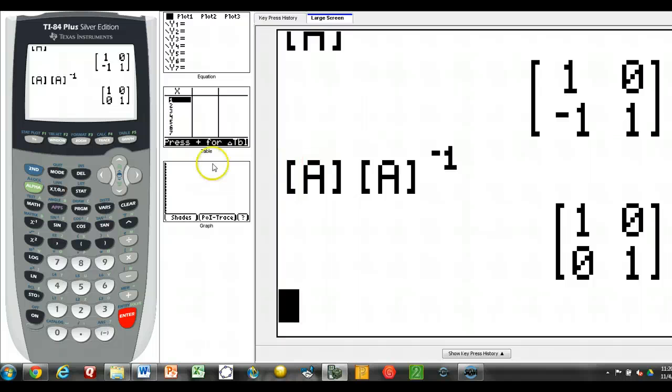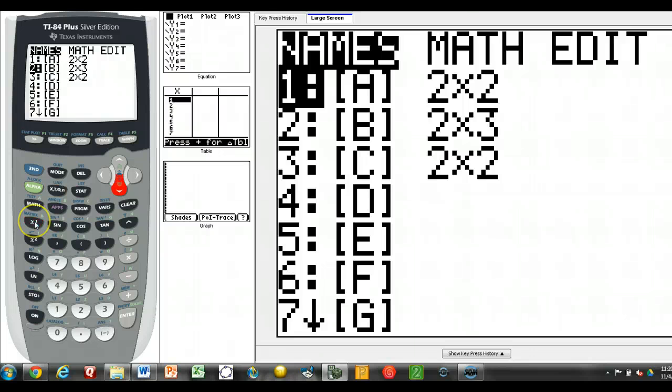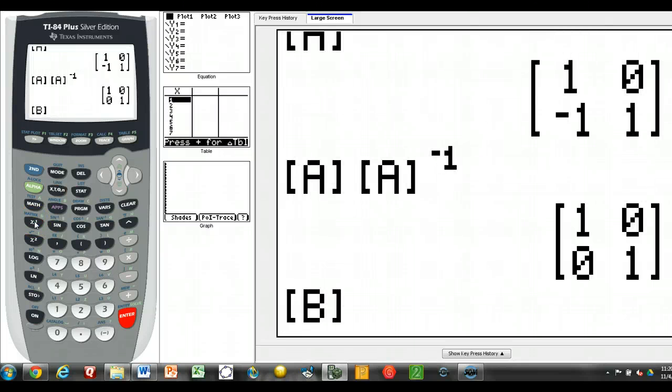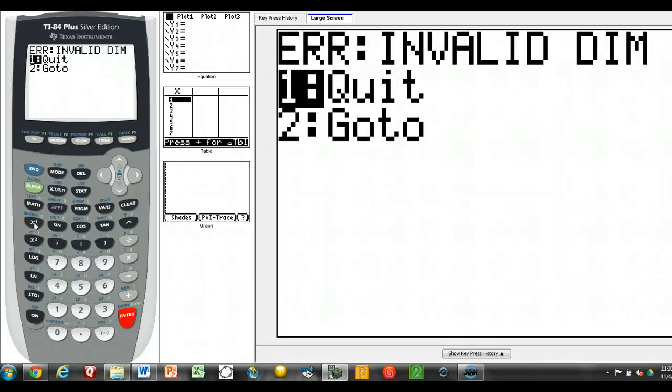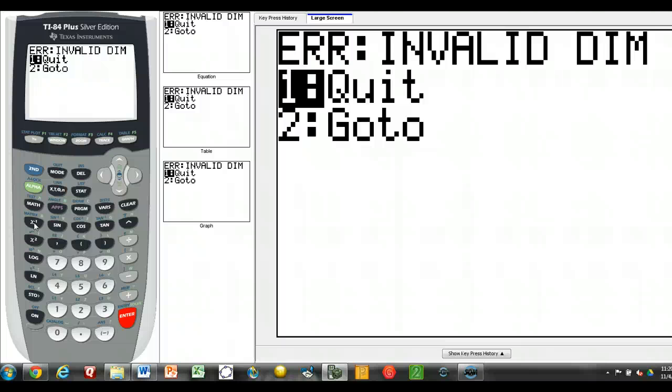Alright, so now let's try to find the inverse of matrix B. So all I want to do is pull up matrix B first. And then I'm going to hit my inverse button, which again is located right below the math button. Okay, so hit enter. So now we have an error, invalid dimensions.